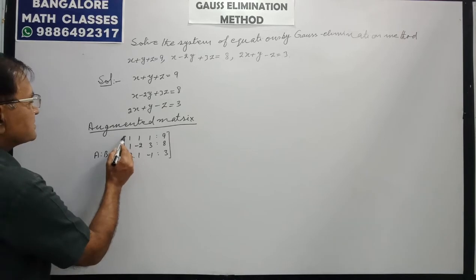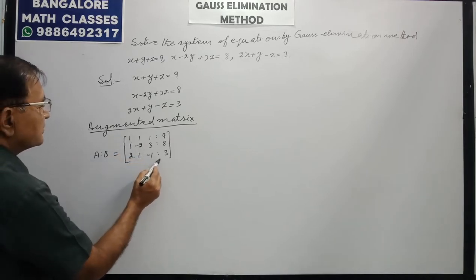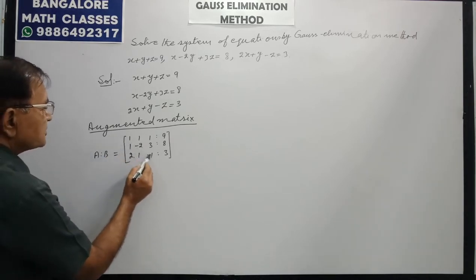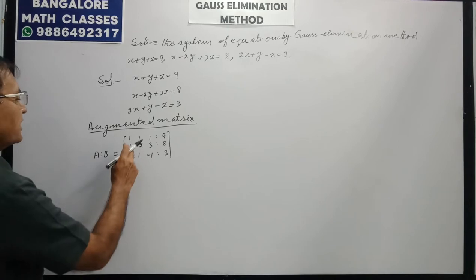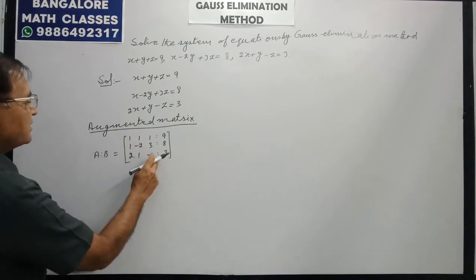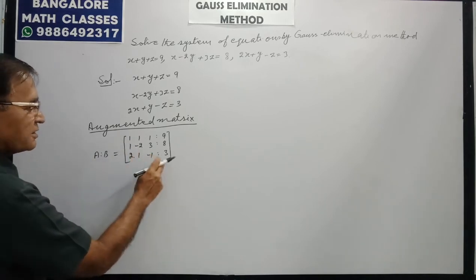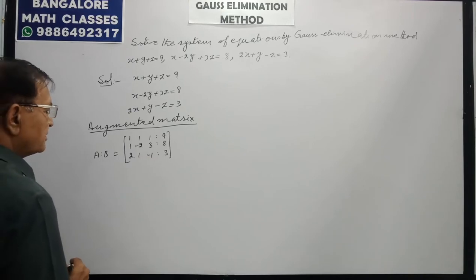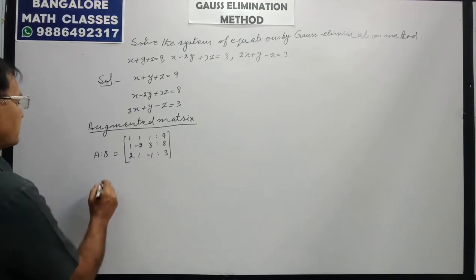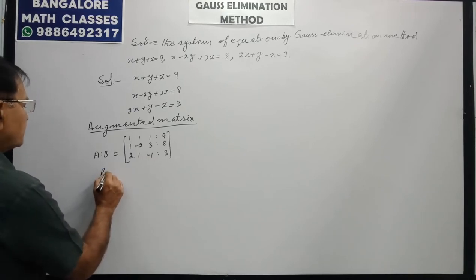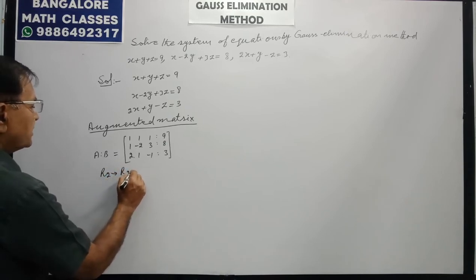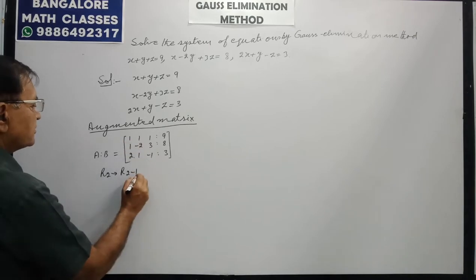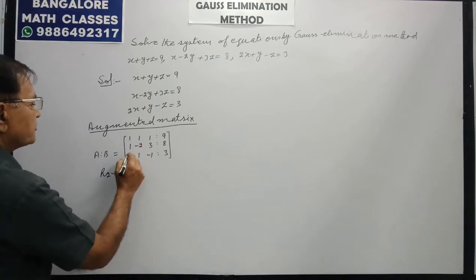Now I will make this matrix an upper triangular matrix, that is, lower entries zero. This is the diagonal, and I want to make all the lower entries 0. For that, R2 to R2 minus R1, and I will get 0 here.